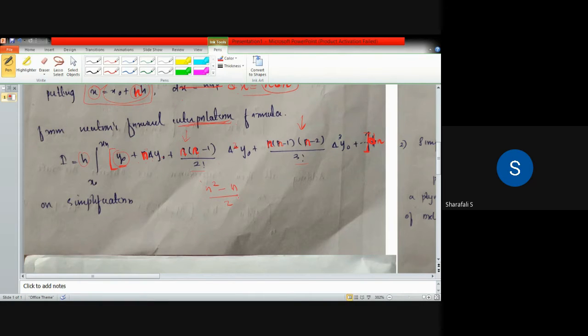So if you integrate this term with dn, this will come as n cube by 6, because 3 will come in the denominator, 3 into 2 is 6, minus this will become n square by 2, 2 into 2 is 4, right? So in this way you have to integrate all these terms, and from that we will get the equation.